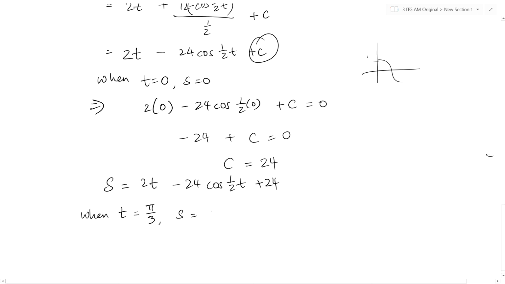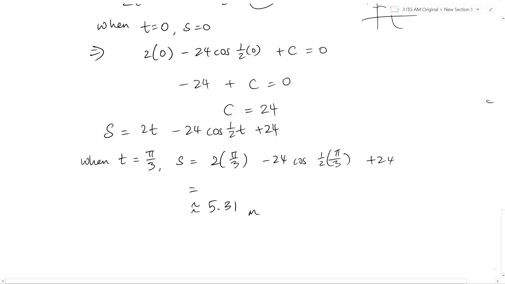Our displacement is now going to be 2 times pi over 3 minus 24 cosine half pi over 3 plus 24. Put this out and we will get approximately 5.31. And this is in meters.